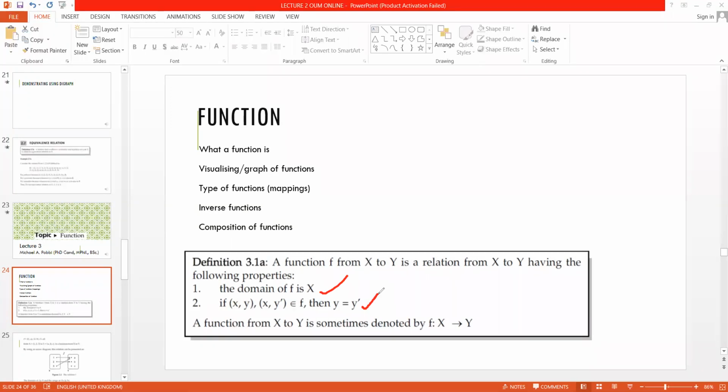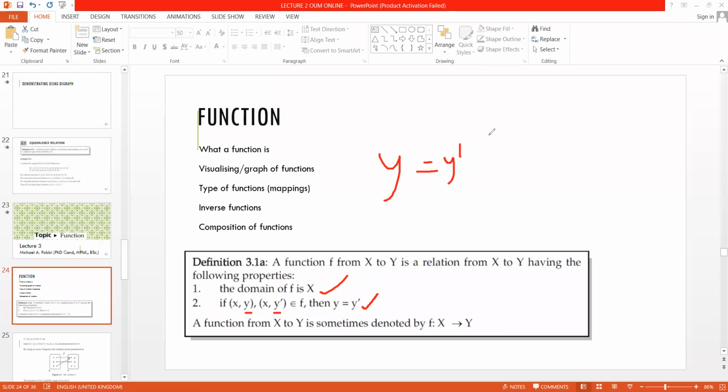So those are the two characteristics of a function. A function is indeed a function if a domain is clearly defined and there is a unique image to the function. Good. So we are saying that if there are two elements, y and y bar as images, then y will have to be equal to what? y bar, if f has to be a function. That's the uniqueness of the image.